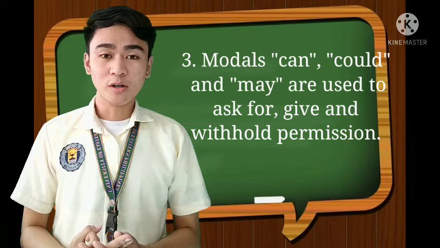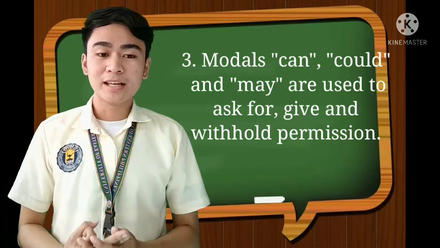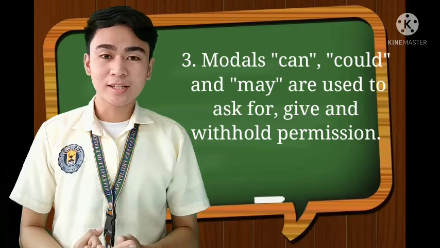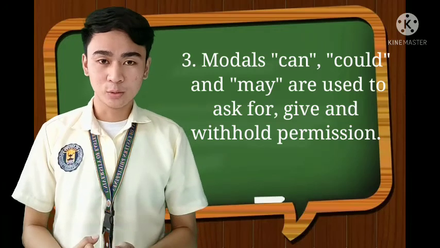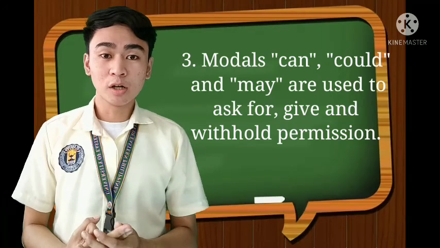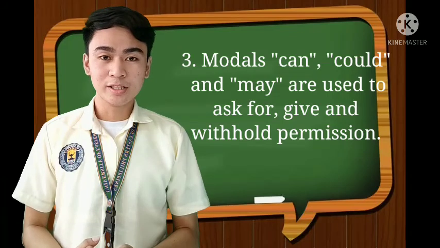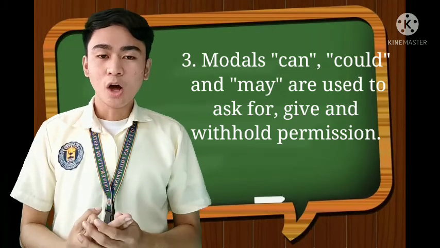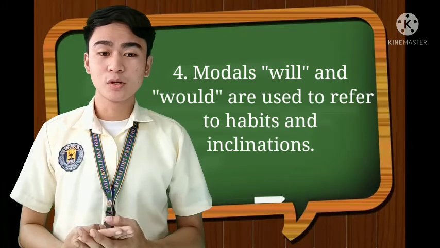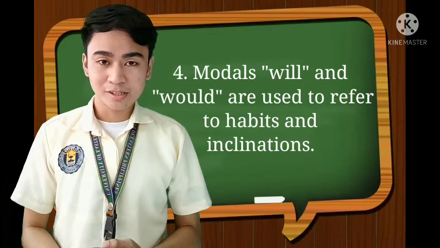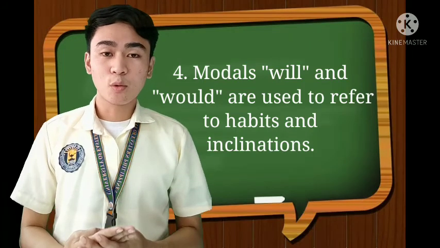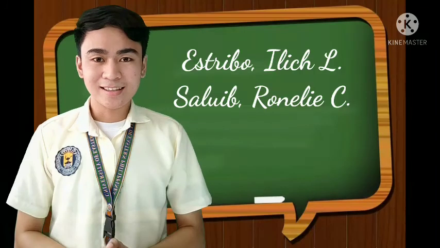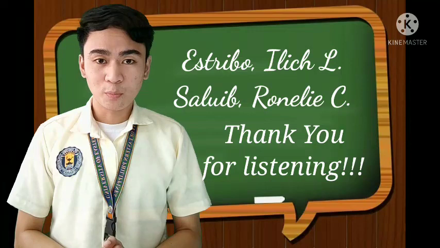The third category of modals includes giving and withholding permission, in which the second purpose of can and could, with the inclusion of the modal may, are included. On the fourth category of modal verbs, which indicates habits and inclinations, the modals will and would are under this category. So that's the end of our short video presentation.